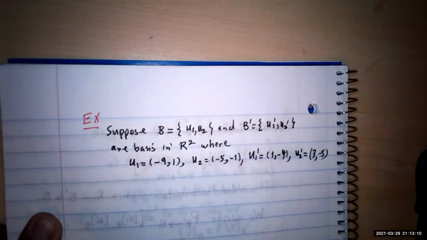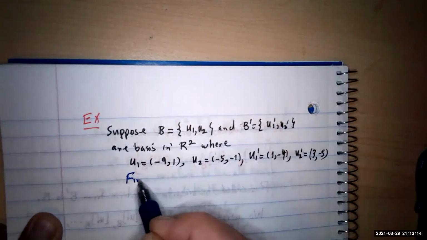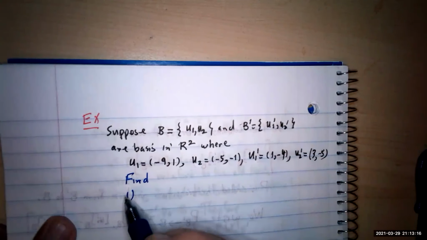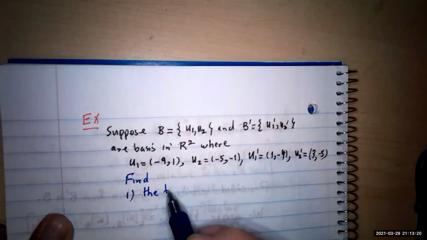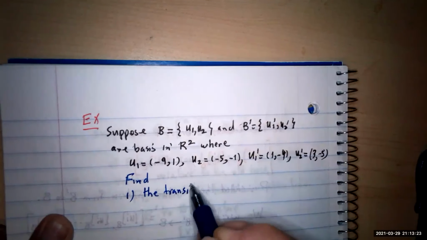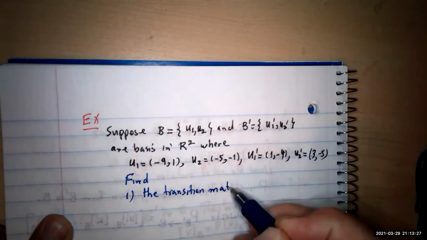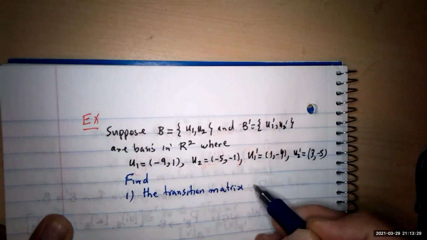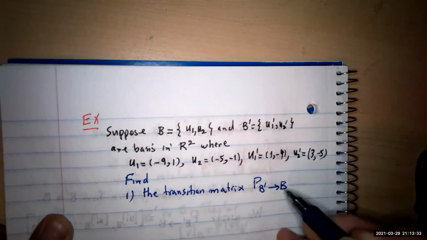They ask you to find the first part: the transition matrix P from B prime to B. That's the first one.